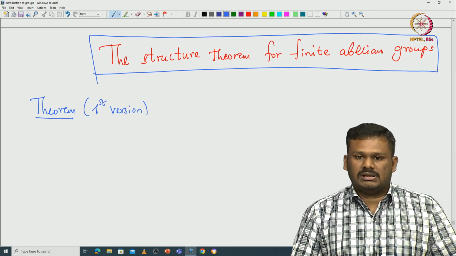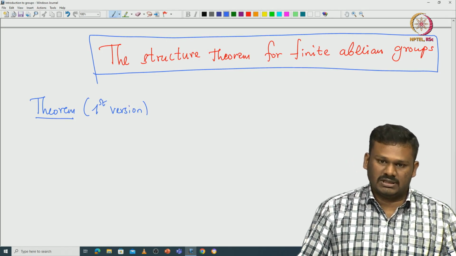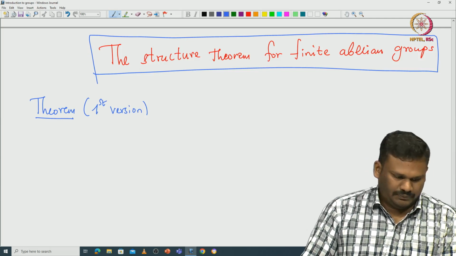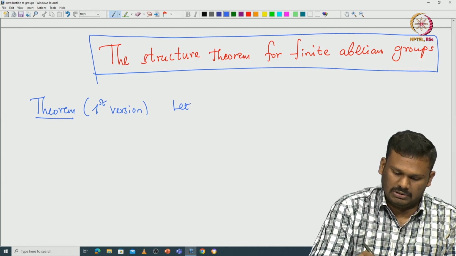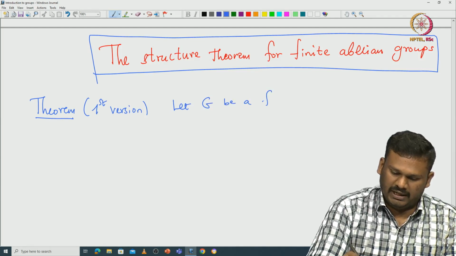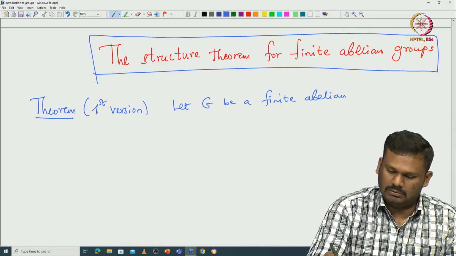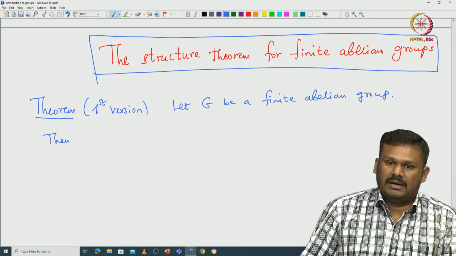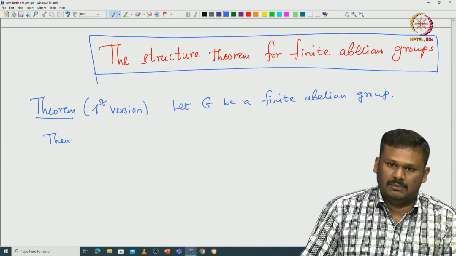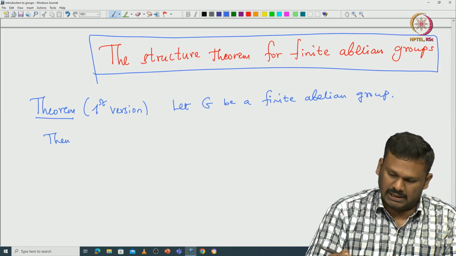Many books state it in different ways, but we are going to see that all those versions are equivalent. So you start with a finite abelian group. Let G be a finite abelian group. Then the structure theorem asserts that this G can be expressed as a direct sum or direct product of cyclic subgroups, or cyclic groups.